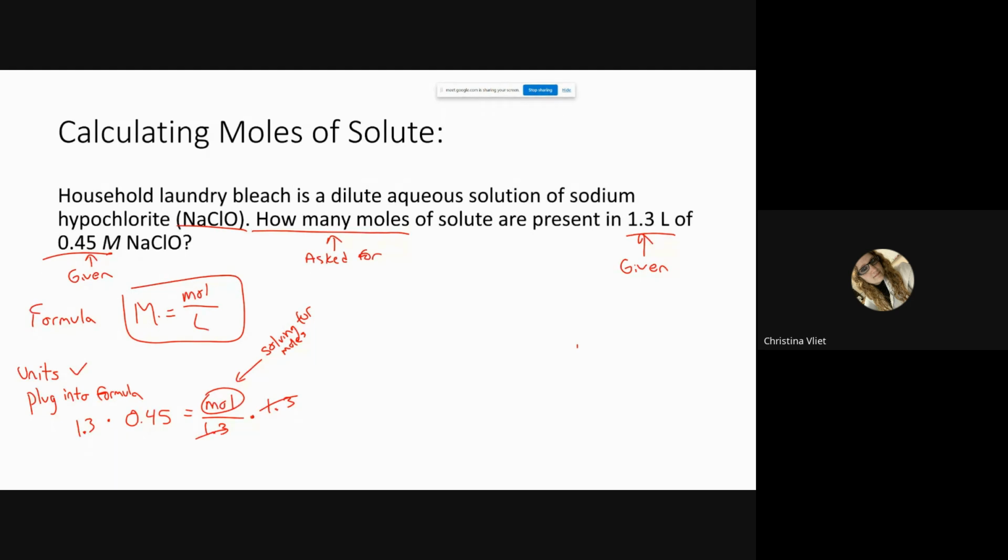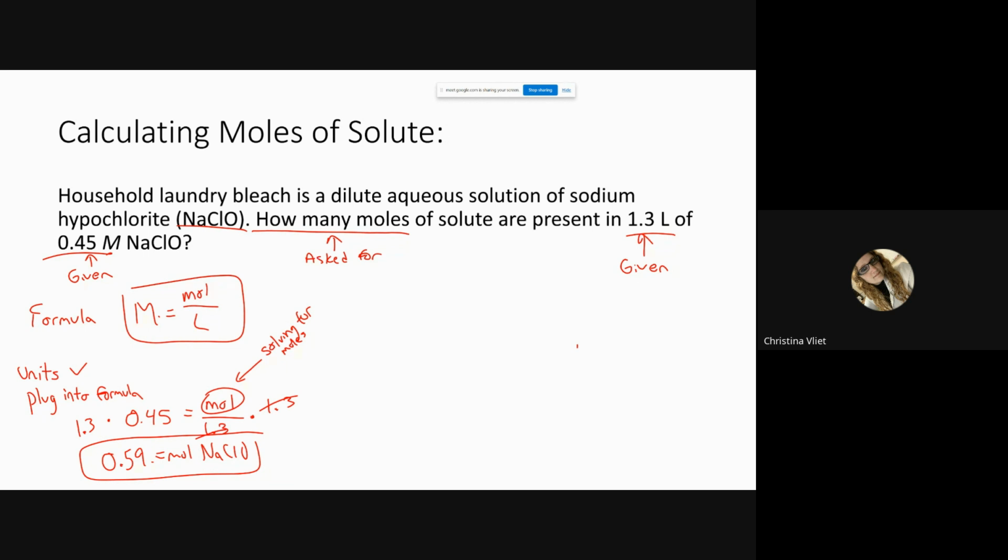I get moles is 0.59. Check to see if you get the same thing. Two significant figures. 0.59. Check in your calculator to see that you got the same, which is just the multiplication of 1.3 and 0.45.